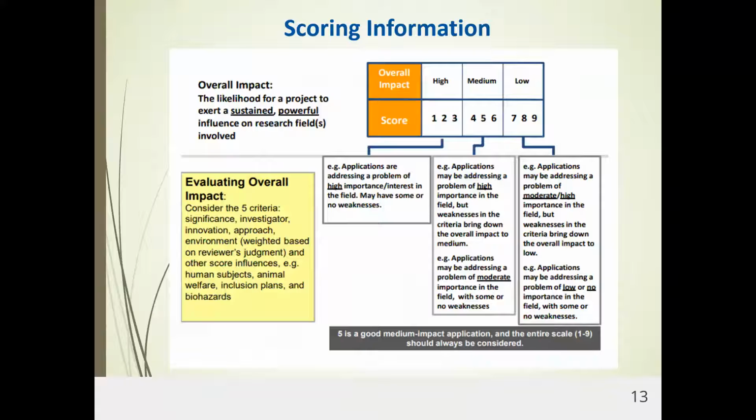So when we talk about scoring at NIH, and they talk about the 9 scores that are given, these are how they structure the 9 scores. This first bracket that's called high, these are the ones that are going to be funded. Not necessarily if you get a 2 or 3, most commonly if you get a 1.